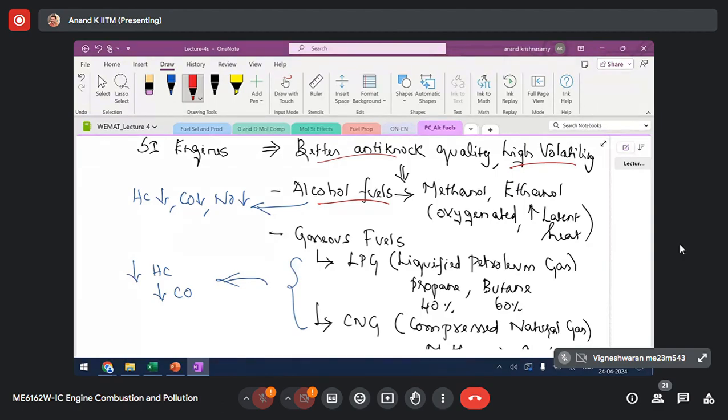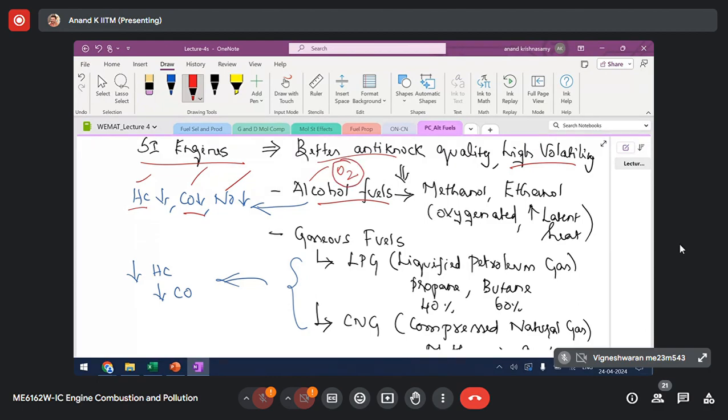They have the potential to reduce SC and CO. How do they reduce SC and CO? You know, in an SI engine, you have three primary pollutants, SC, CO, and NO. We are looking at how these alternative fuels help in reducing these. SC and CO can be reduced because alcohol fuels are oxygenated fuels. They contain very high fuel-bound oxygen.